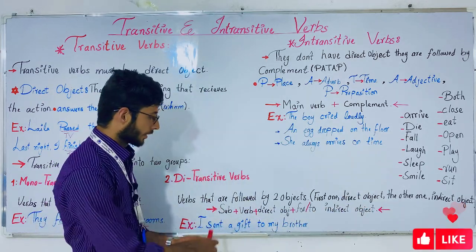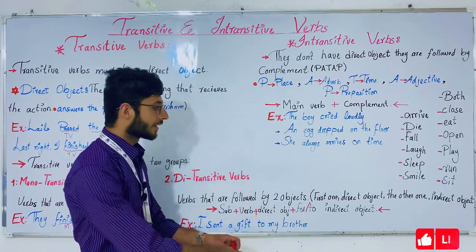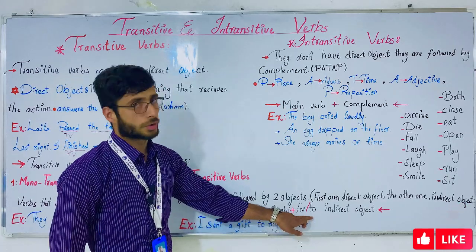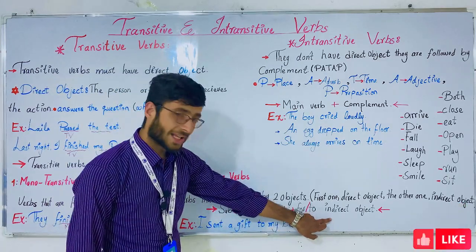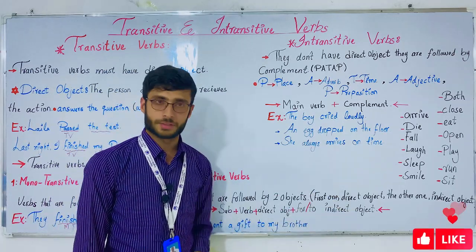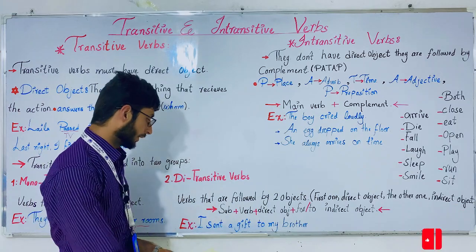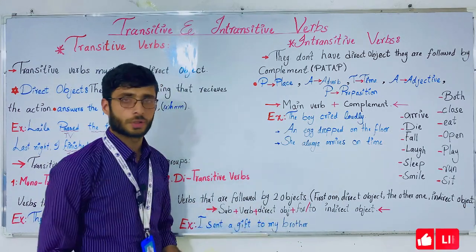It is the structure subject plus verb plus direct object, then we have for or to. But I told you it is necessary to put one of them plus an indirect object. After to and for, we need our indirect object. Like this example: I sent a gift for my brother.